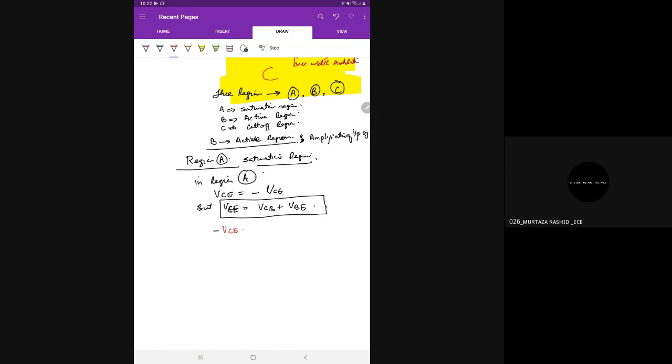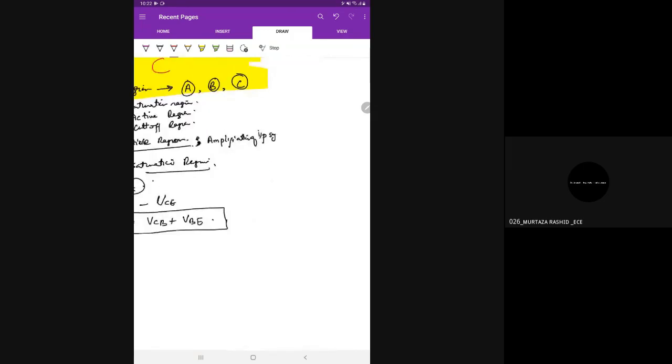Why am I taking minus times VCE? Remember I said that in common emitter configuration, if this is for example an NPN transistor, this is the polarity of VCE. If the polarity is like this, then it means it is reverse biasing the collector base junction.